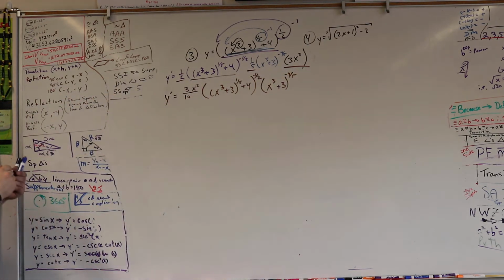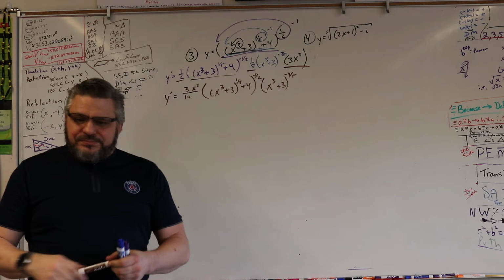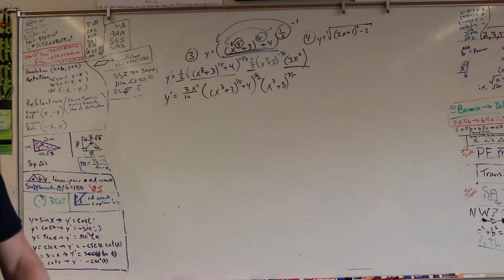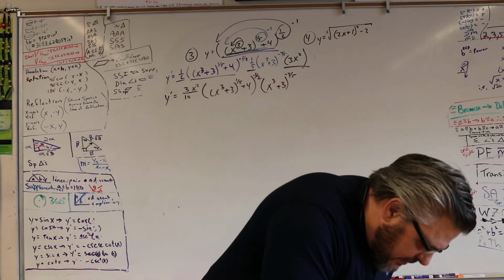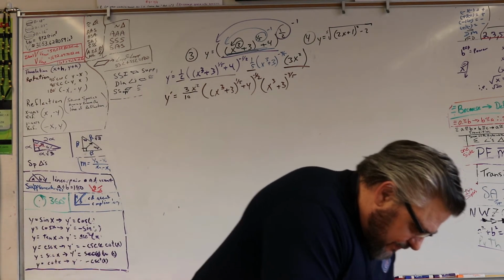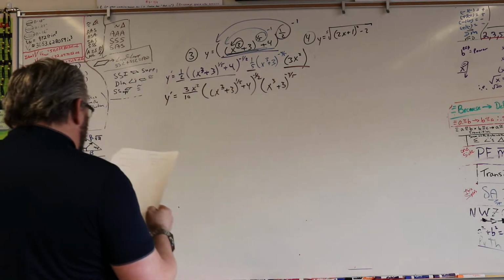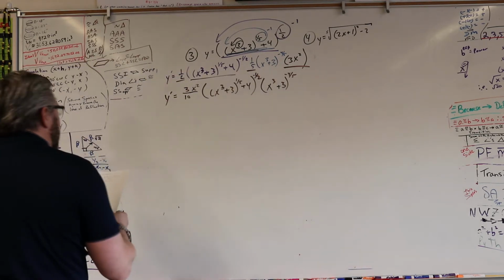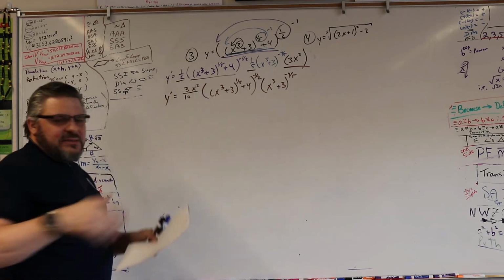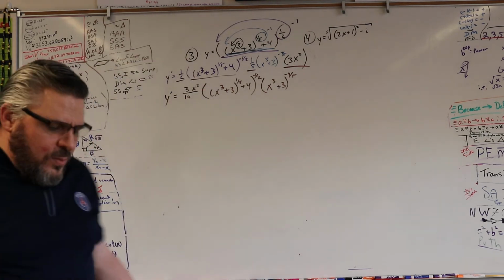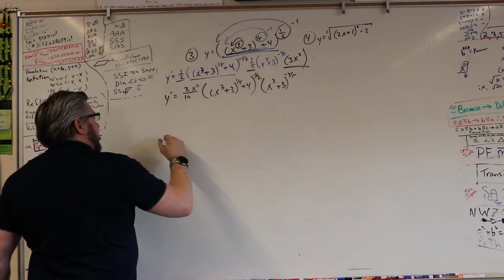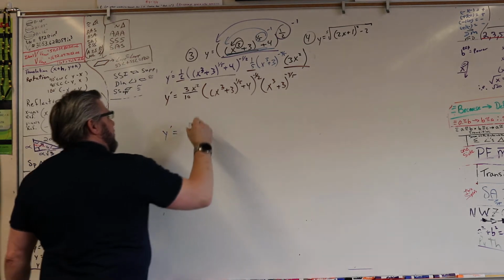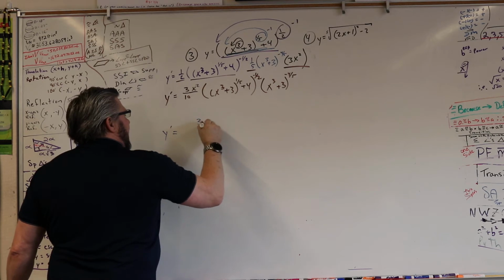Now here's the other question. They're negative, right? So we can actually make those positive and put them down below. Now I don't know how they've got, oh, they did put them below. Okay. So they said we got the top, right? So then what they did was they moved them to where they're supposed to be. So they said one more step. They said y prime is equal to 3x squared.